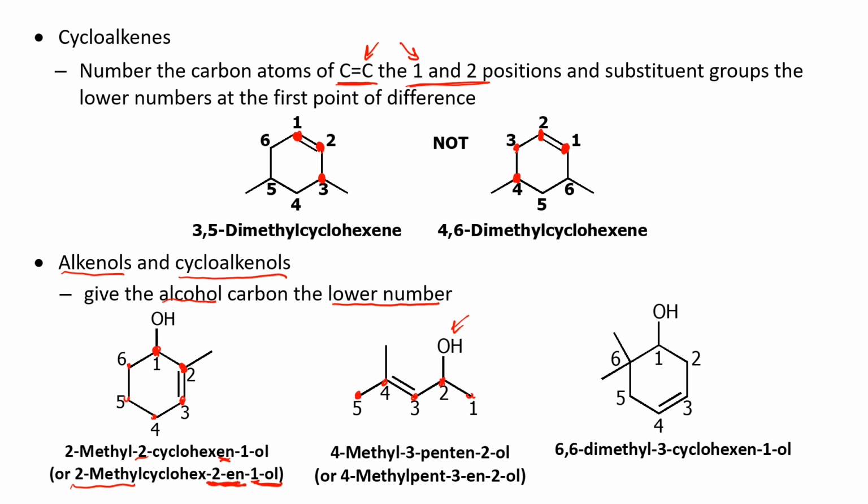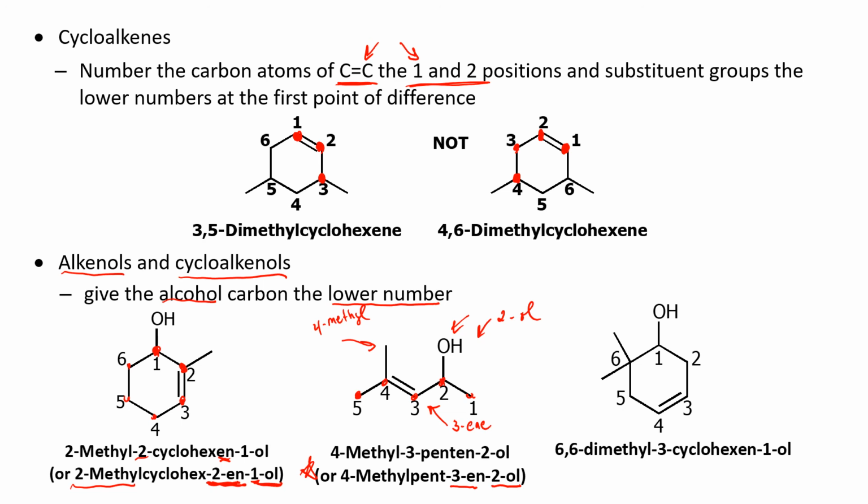We've got a 4-methyl, we've got a 3-ene, we've got a 2-ol. So let's put the name together. We have 4-methyl-3-penten-2-ol, or 4-methylpent-3-en-2-ol. And this would be my preferred method.